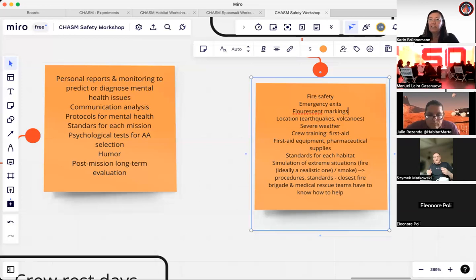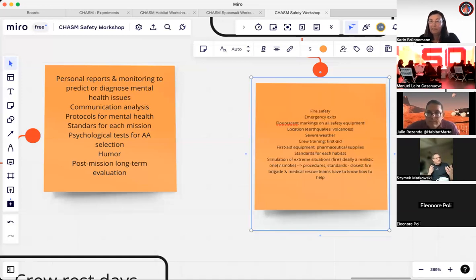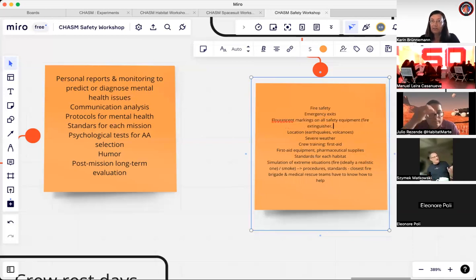Yeah, it should be marked. There should be something fluorescent around every fire extinguisher. It could be marked with fluorescent tape. It's a cheap solution, but it's good for recognition during possible smoke. Yeah, a fire blanket should also be there. Yeah. It's the minimum equipment that I have in my kitchen.